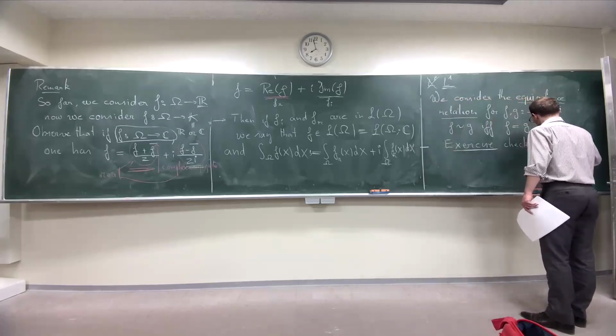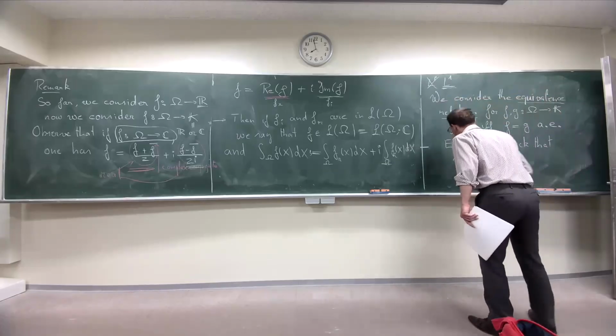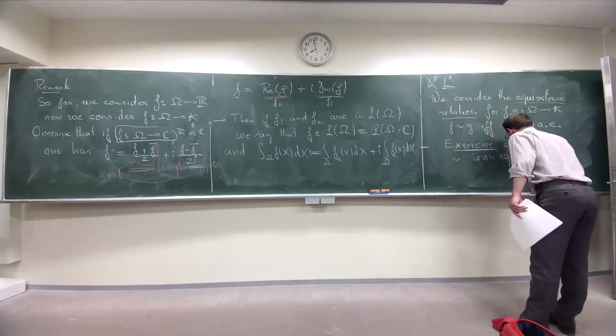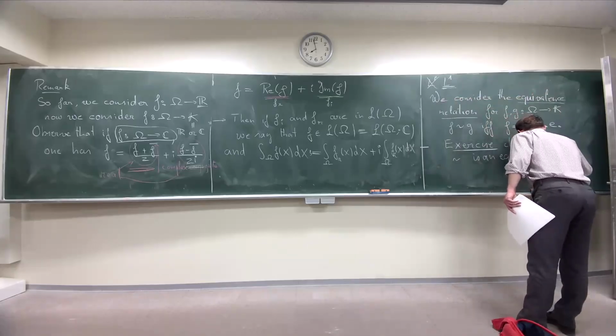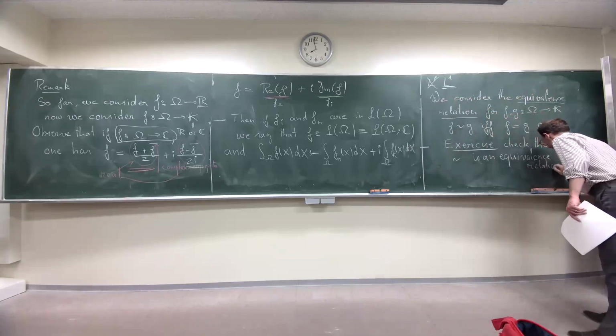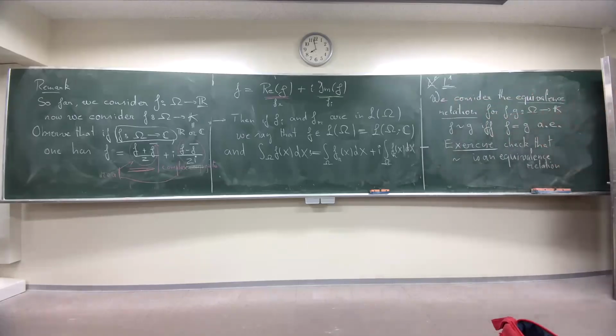that this curly symbol is an equivalence relation. So if you don't know what it is, check this exercise. It is in the notes. You will learn what an equivalence relation is. It's very simple.